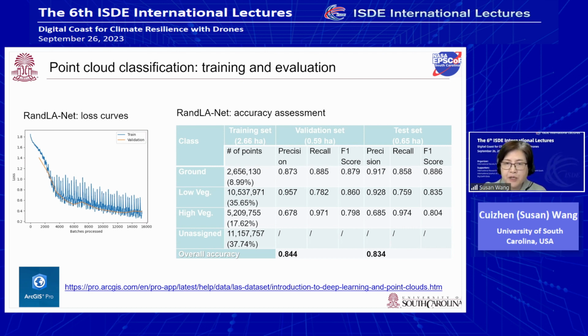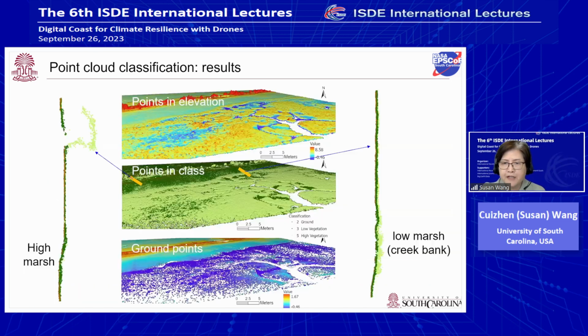So our point cloud from the raw format in the elevation scheme, you can tell flat topography on the coast, aside from the trees along the road, and generally the estuary is basically flat there. The classification results, three classes: ground, low veg, high veg.